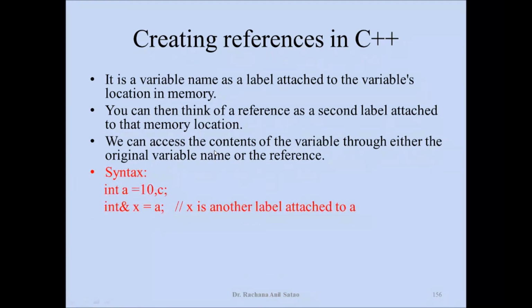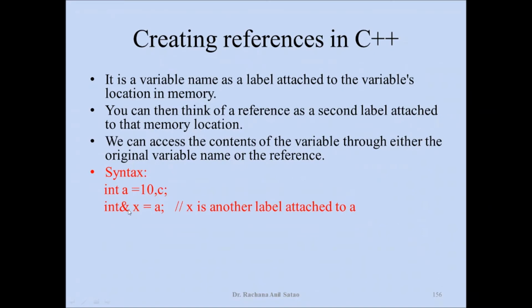Now let us see here: integer a equal to 10, comma c. So we have two variables, a and c. Variable a contains the value 10, and c I am not using. Next I am using int and the ampersand sign.